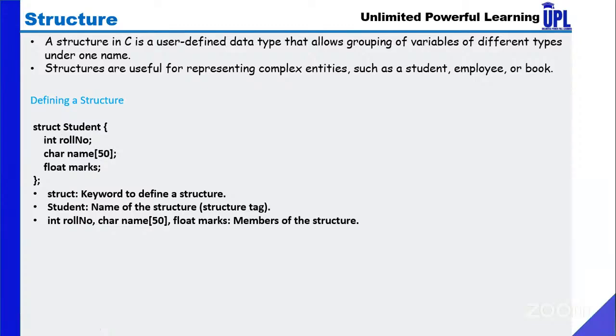Usually, it represents complex entities. So struct is the keyword to define this. This is how we do it. And the data types are represented here. And finally, we have to use the semicolon. So that means syntax-wise: struct, name of the structure, and different data types. Okay. And we are representing the different categories of the items.